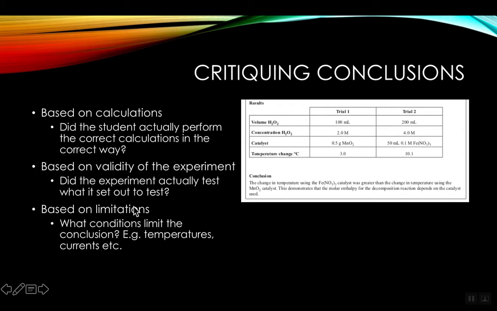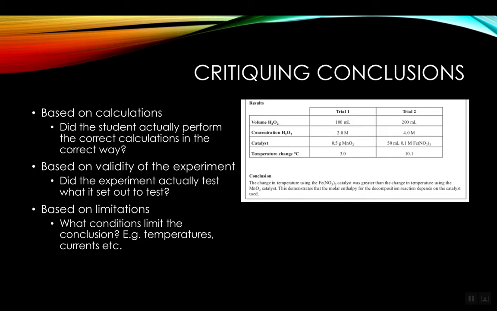And then finally, the limitations. The limitations of the experiment are, under what conditions can we rely on this conclusion? That might be a certain set of environmental conditions, such as temperatures. It might be certain currents if you're doing an electrolysis type experiment. It might be only with certain chemicals.